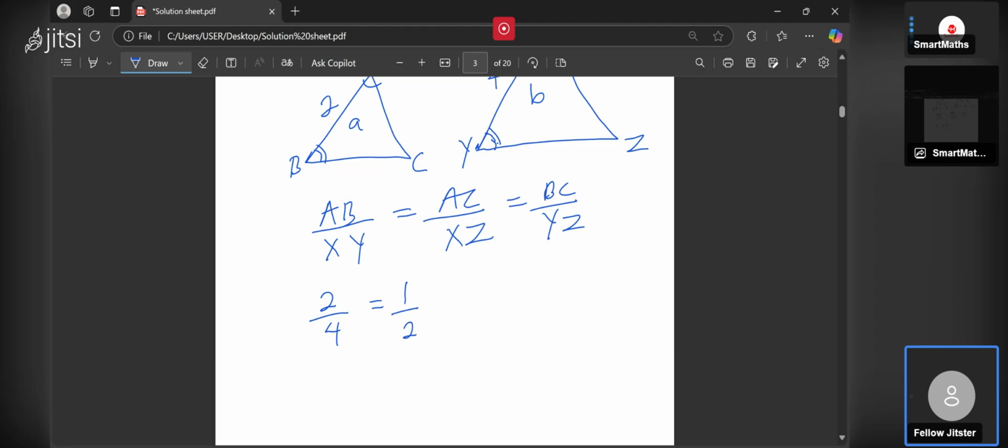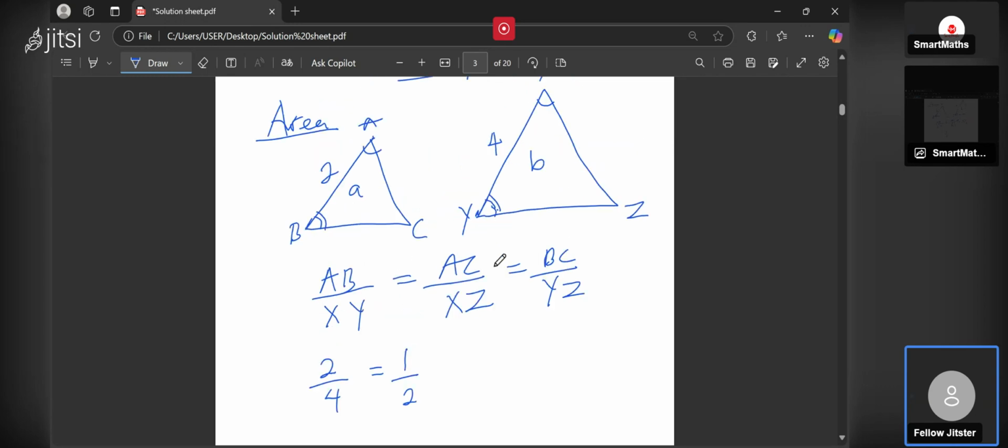This is what we call scale factor. So to now get the area factor, you know, similar shape is the same thing as enlargement. Let me clean this side so that we see it better.